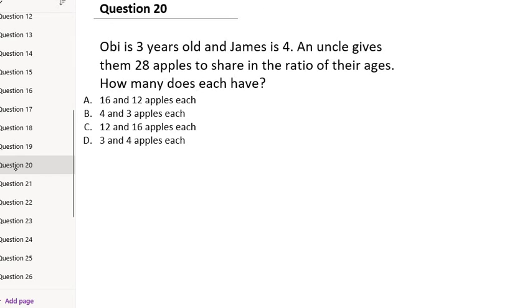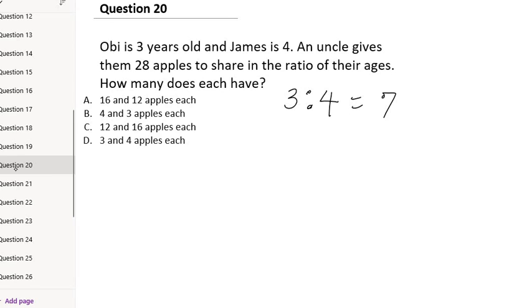Question 20. Obi is 3 years old and James is 4. An uncle gives them 28 apples to share in the ratio of their ages. How many does each have? Okay, the sum of ratio. Obi is 3 years old, James is 4, so the sum of ratio will be 7.